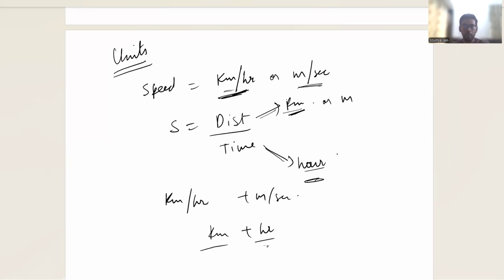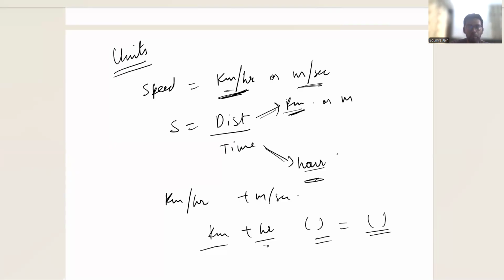I know it's too early. You haven't seen an example of where this would happen, but sometimes it happens. I'm just putting it upfront. You can only add things which have the same units. Consistency of the units has to be maintained throughout the equation. So the left hand side of an equation should have the same units as the right hand side. This is very important.